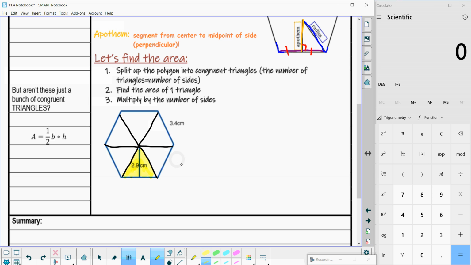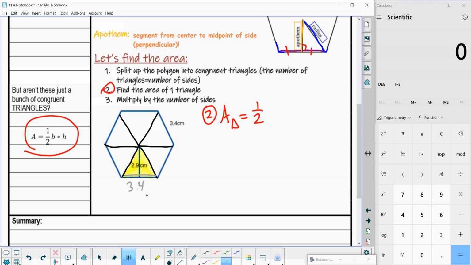And so area, I'm going to say this is step 2. So area of a triangle, we have the equation here, 1/2 base times height. So it's going to be 1/2. What is the base of this yellow triangle here? Well, we have a side length of 3.4. So our base is going to be 3.4. So times 3.4.